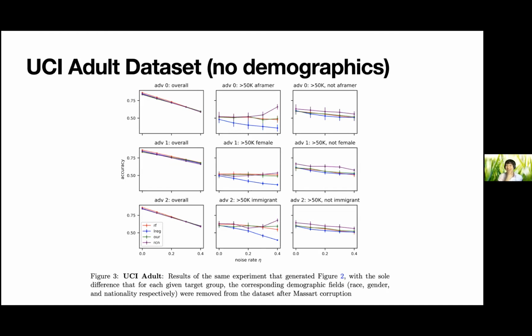Another thing you could try is hiding the demographic information, to fix the problem where logistic regression starts treating this group differently as the noise rate increases. But if you do the experiment, you see that logistic regression still has the same problem. Again, in these examples, the random forest does very similarly to our algorithm, except that it outputs an improper classifier.